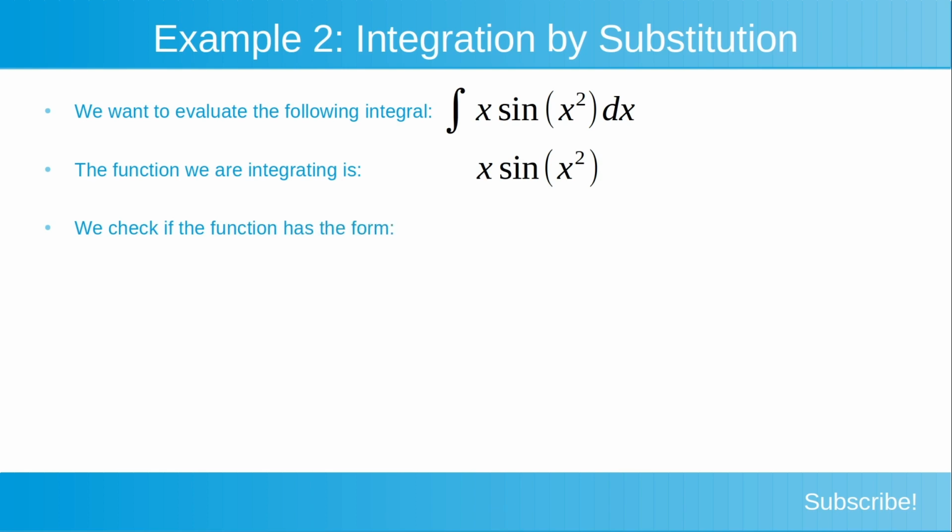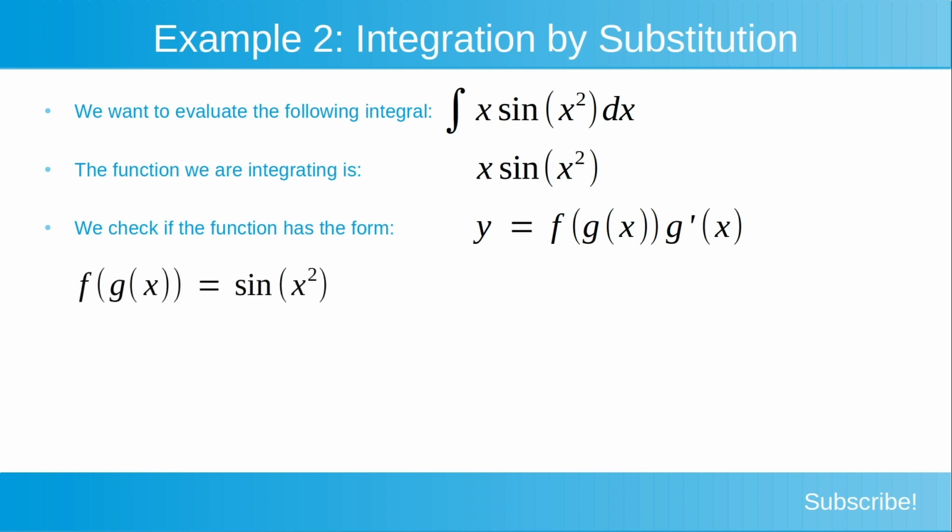So we check if the function has the form y is equal to f of g of x, g prime x. Looking at the function that we want to integrate, sine x squared is a composite function in the form of f of g of x, where g of x is equal to x squared, and the function f is taking the sine of g of x, where g of x is x squared.